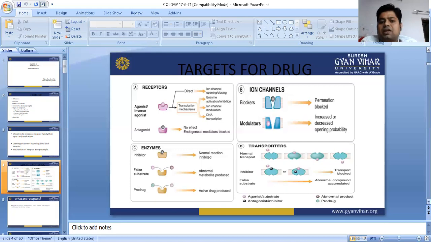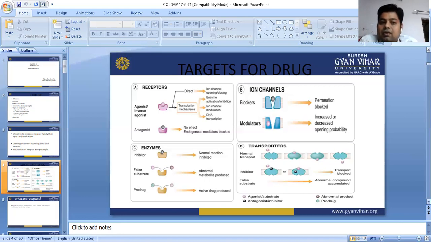And sometimes DNA transcription, means they are going to increase the process of replication and prepare the DNA, and then it converts into the DNA transcription process, which we can better understand in nuclear type of receptors.